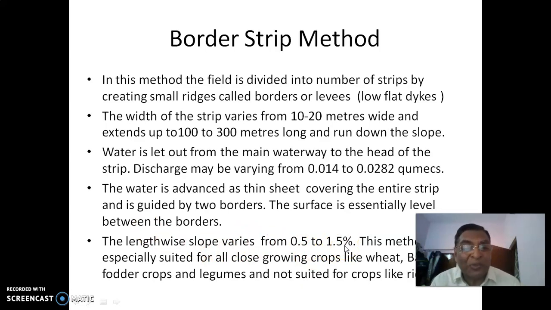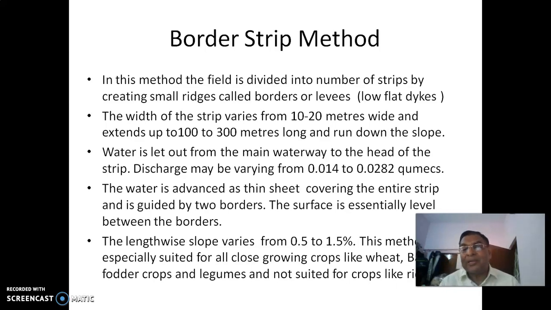This method is especially suited for close growing crops, not row crops, closely grown crops like wheat, barley, then fodder crops and legumes. It is not suited for crops like rice at the same time. Because we are not allowing any standing water between these borders, we are simply one time spreading that thin sheet of water to refill the soil moisture.